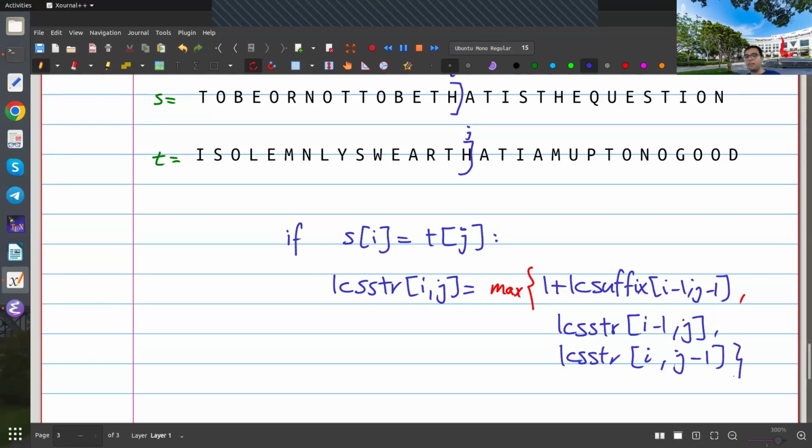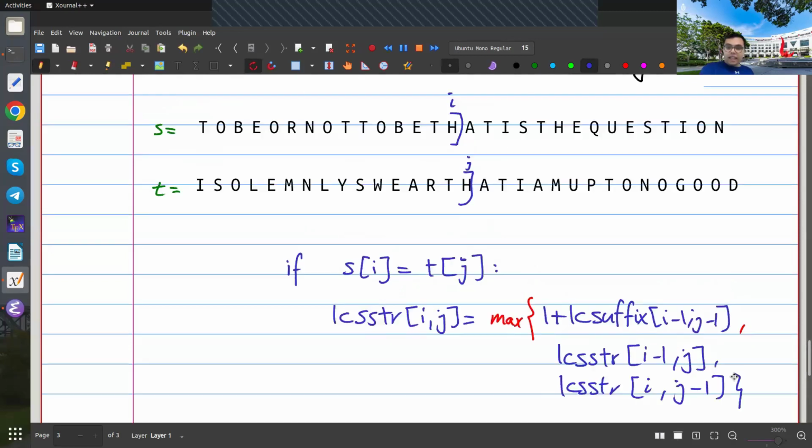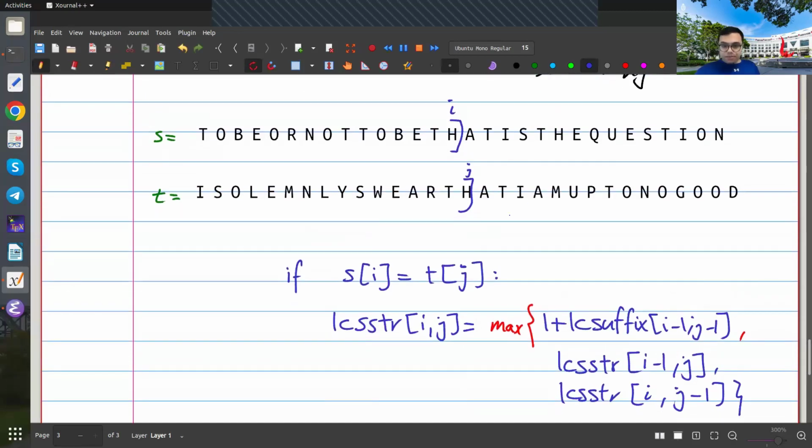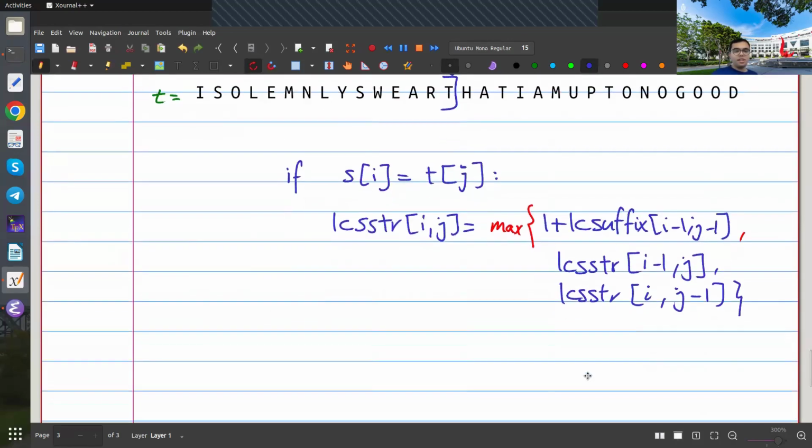Okay. So now the case where the letters match is over. If the letters don't match, again, I have a similar situation. So now let's say that was I, this is J, and Si is not the same as Tj. So I cannot put both of them in the solution. So I don't have this case that uses suffixes. But I still have the same two other cases here, right?